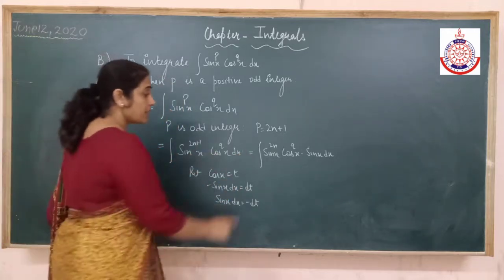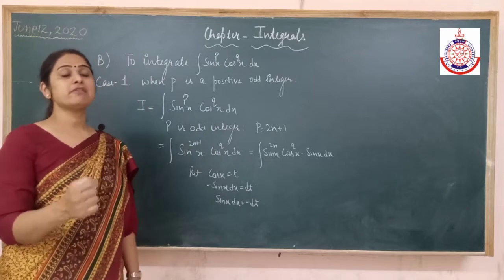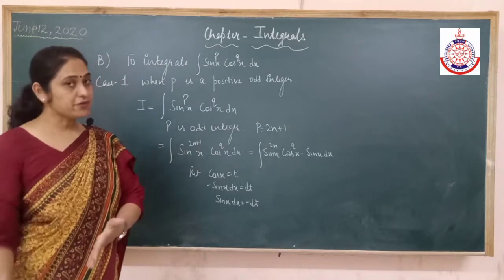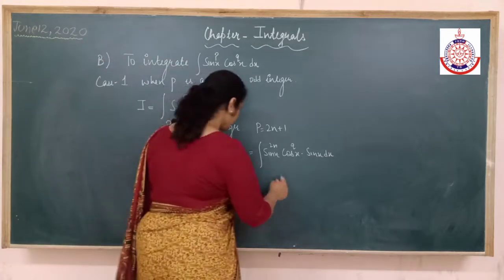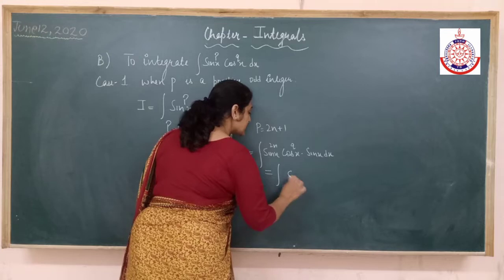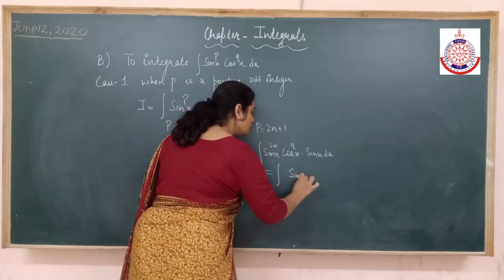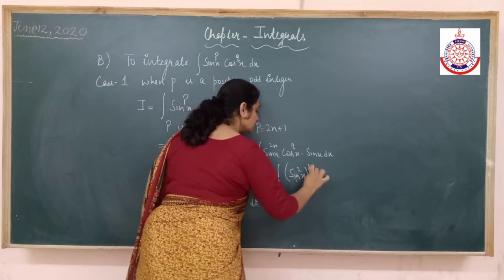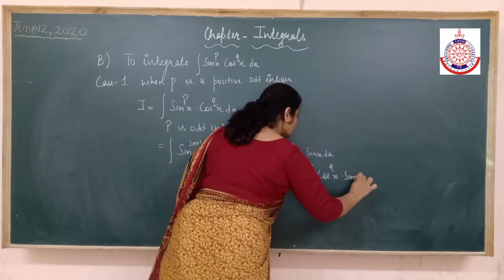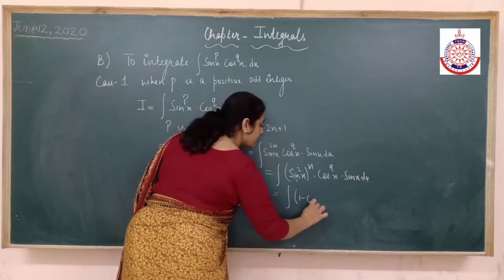This is power 2, an even power. In the previous one I told you, whenever we have an even power, we can easily apply some trigonometric formula. We can convert into the other trigonometric ratio also. So if I write this as sine square to the power n, I can write this sine square as 1 minus cos square.